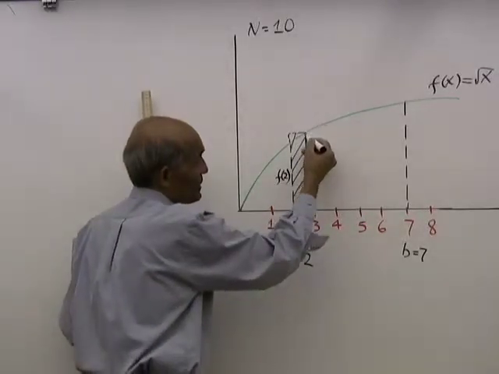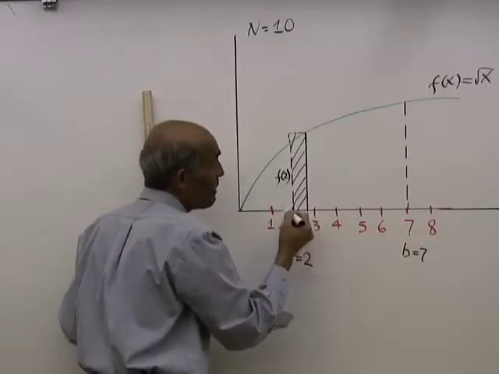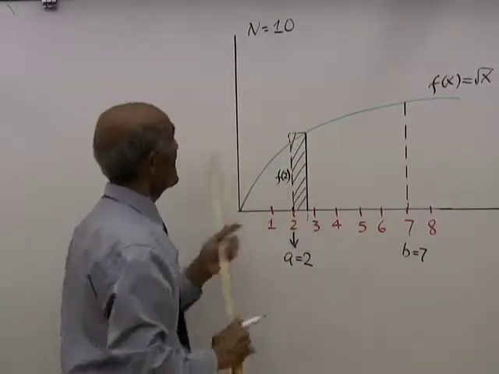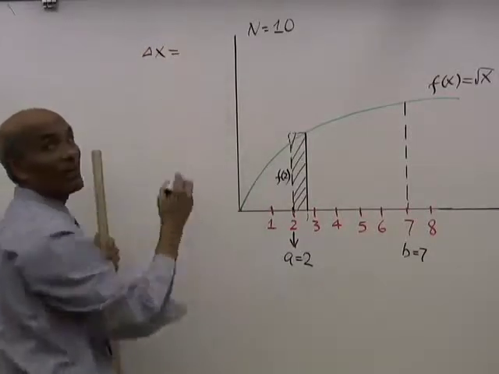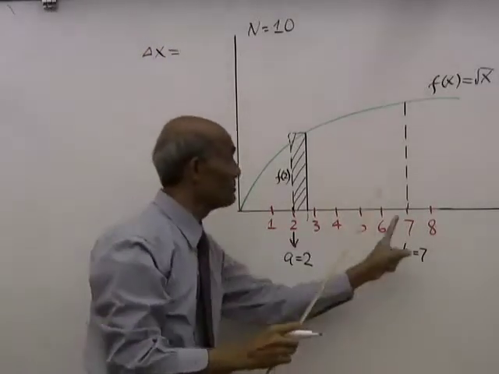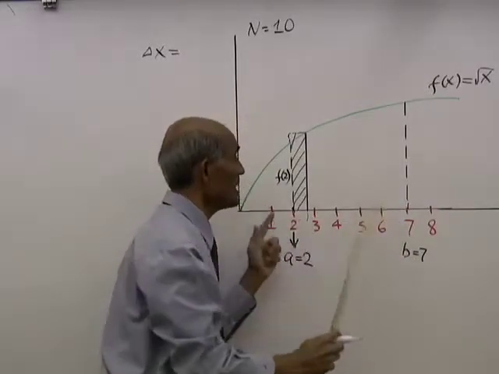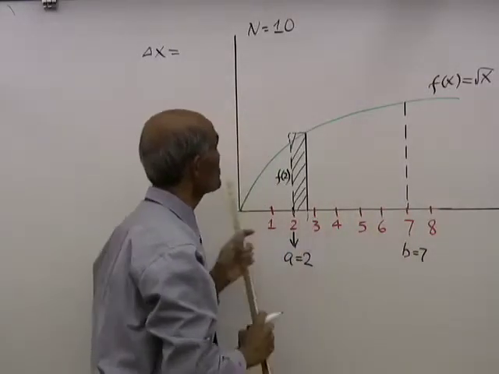Now, what is the width of a rectangle? I told you earlier that delta x, the width of a rectangle, is b minus a, where b is 7 and a is 2.